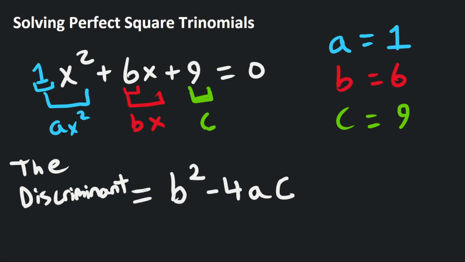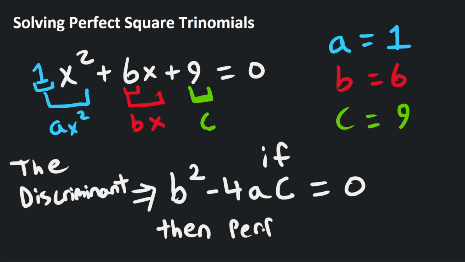Basically, if b squared minus 4ac equals 0, then the trinomial that we have is a perfect square trinomial.